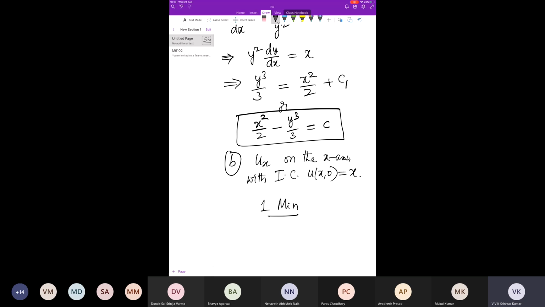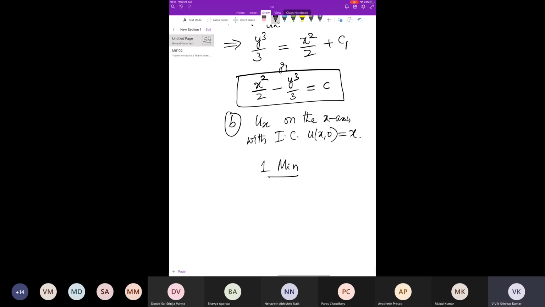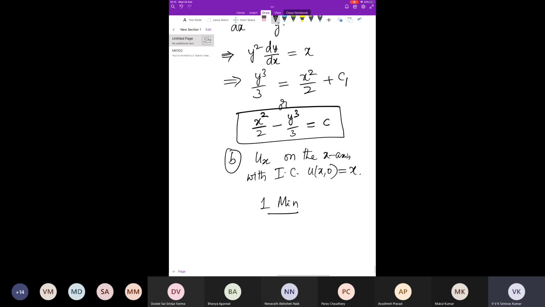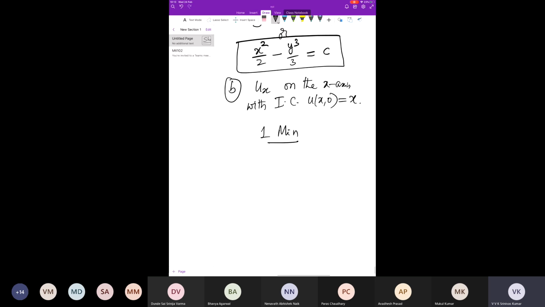So what we are asked, we are not solving this problem because solving is sometimes very complicated. What we need is some of the derivatives of the solution on the x-axis or y-axis. So here we are asked to find u_x, u_y, u_xx, u_yy, u_xy, etc. on the x-axis.